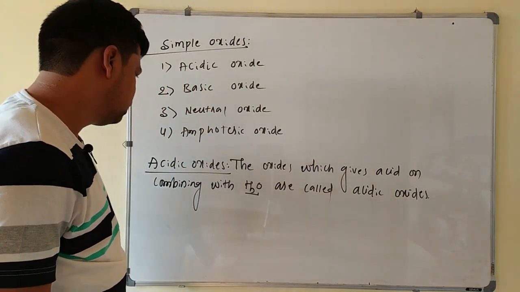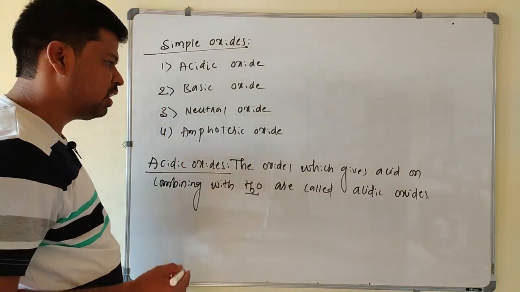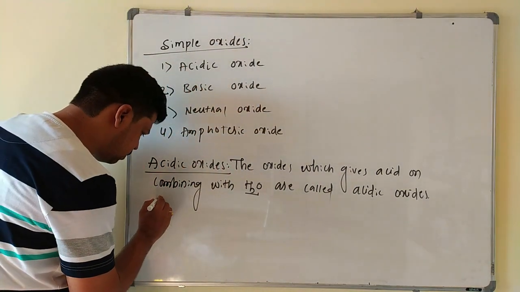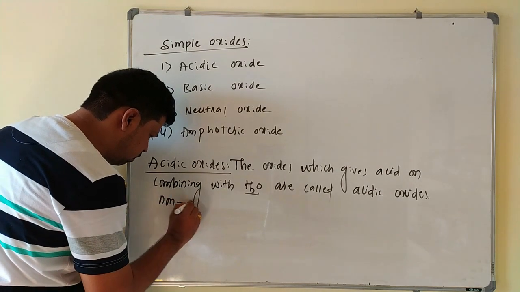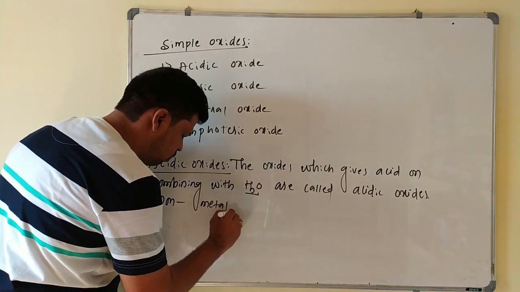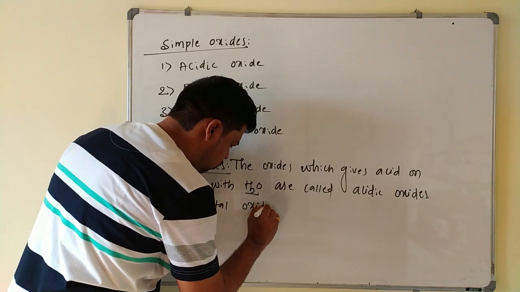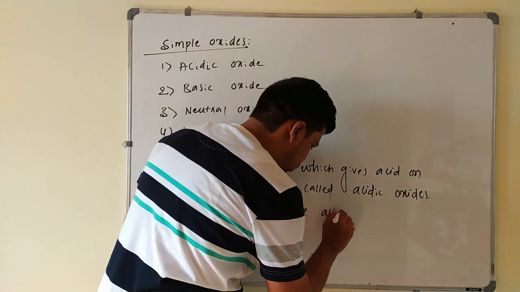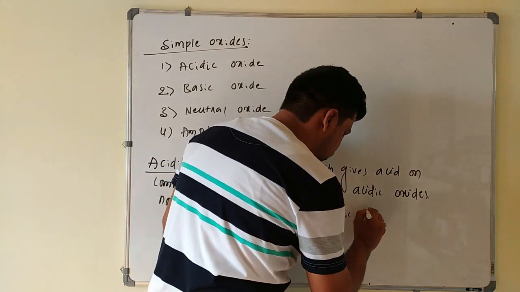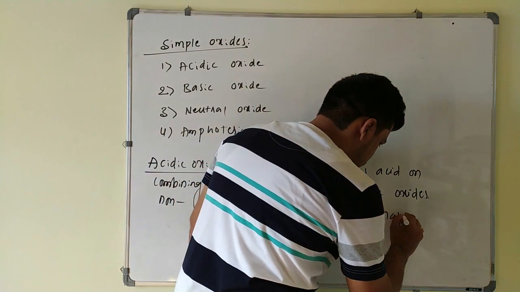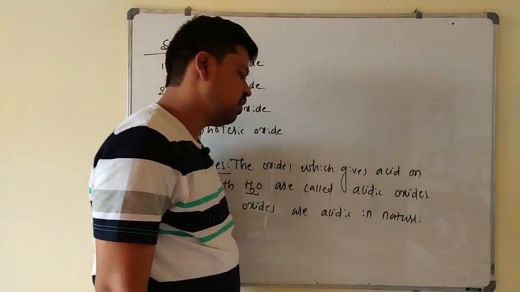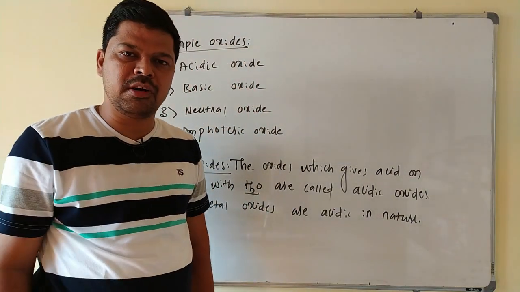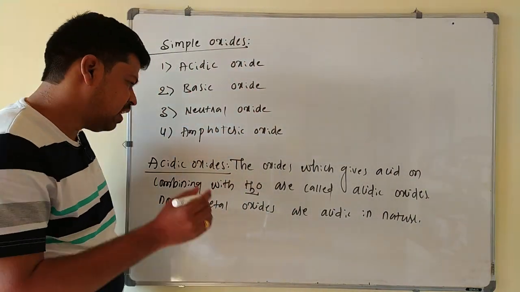Usually non-metal oxides are acidic in nature. Always keep in mind, non-metal oxides are acidic in nature. I'll write some examples.